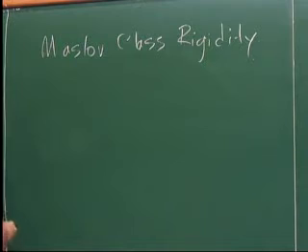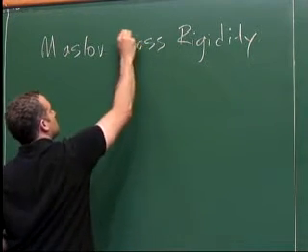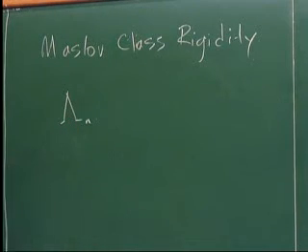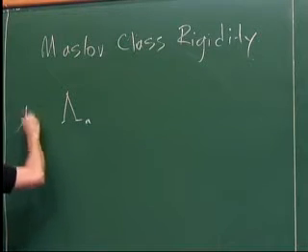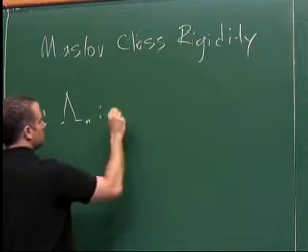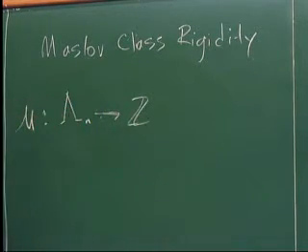Okay, so the classical Maslov class is the following object. Let Lambda_n be the Lagrangian Grassmannian, the set of Lagrangian subspaces of R^2n. And the classical Maslov class is a homomorphism mu from the Lagrangian Grassmannian to Z. Here's one particularly simple description.